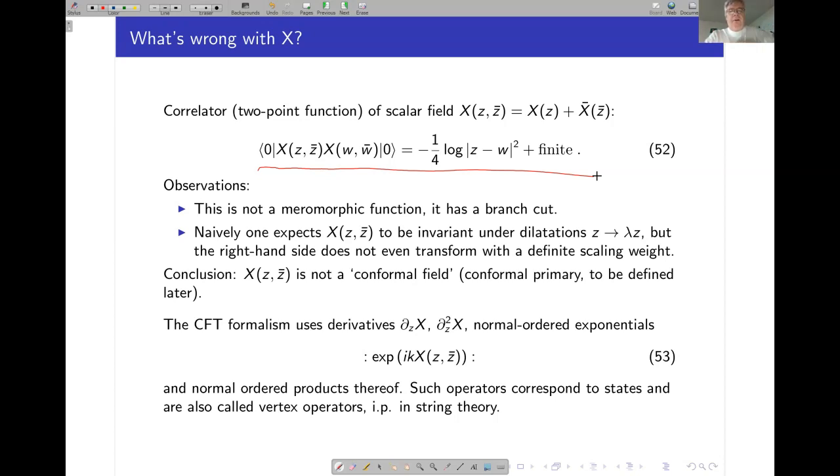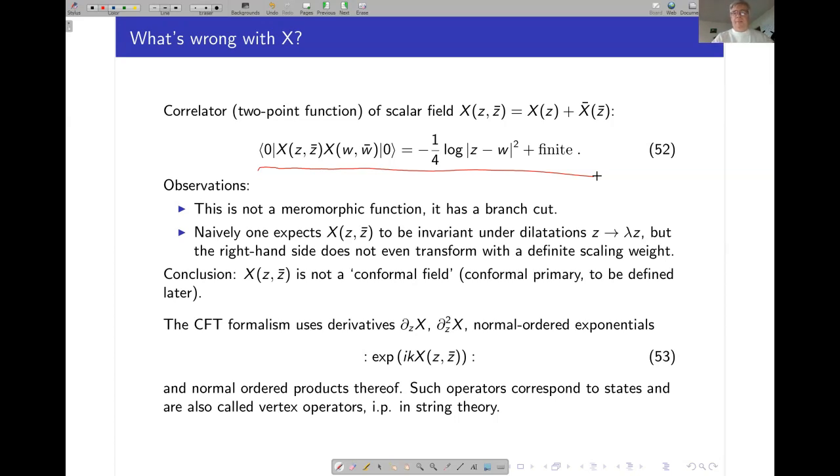The conformal field theory formalism, the whole framework, requires that we have single-valued functions with at most poles. So mathematically, that doesn't fit into our framework. You can also say in a more physical way that something is not quite right with this correlator from our expectation that we have conformal invariance.